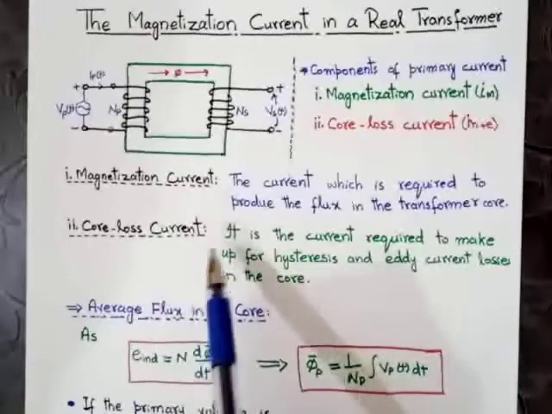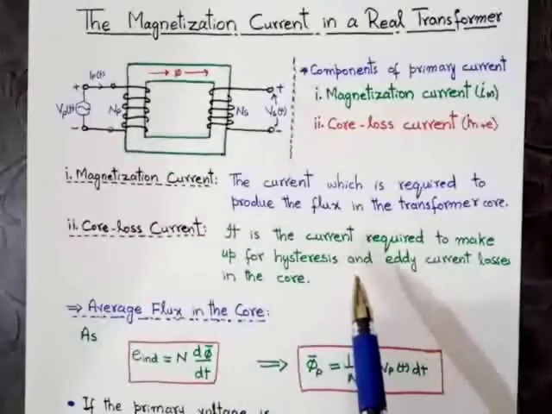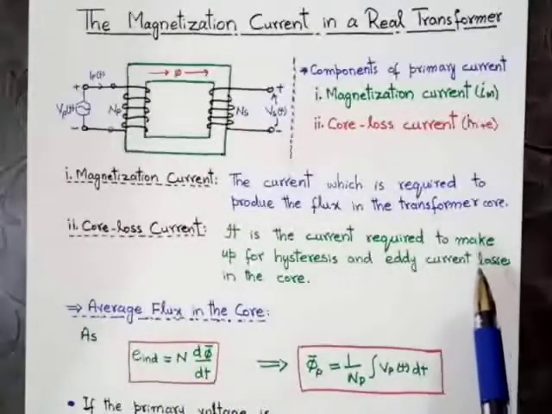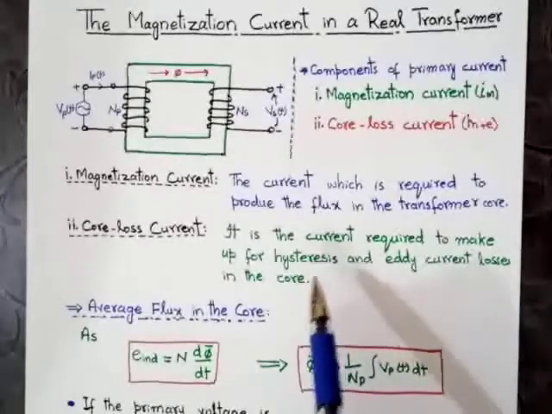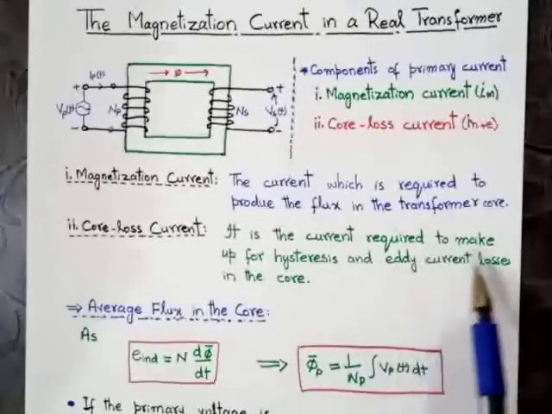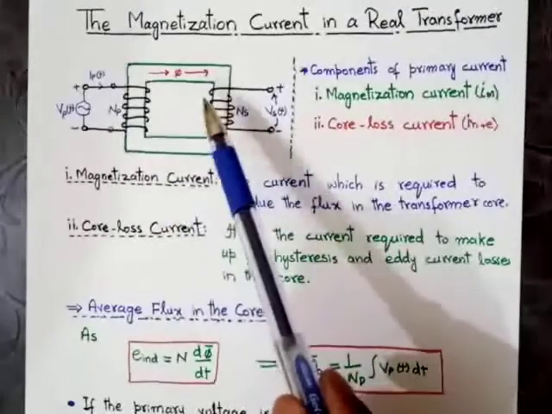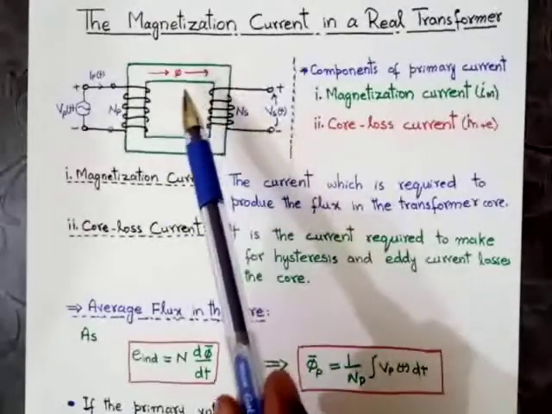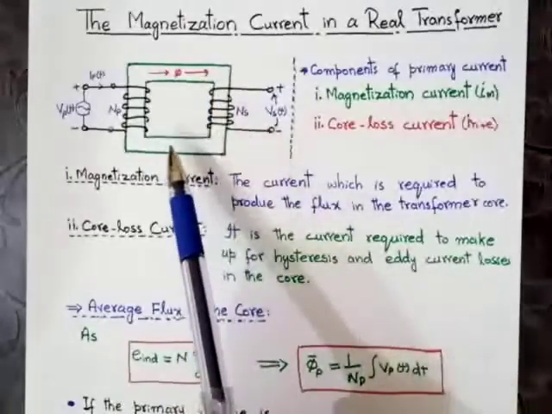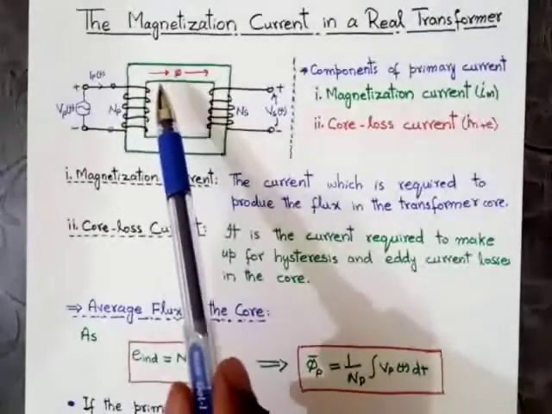The core loss current is basically the current which is required to make up for hysteresis and eddy current losses in the core. As we have already discussed, there are two types of losses that occur in the core.